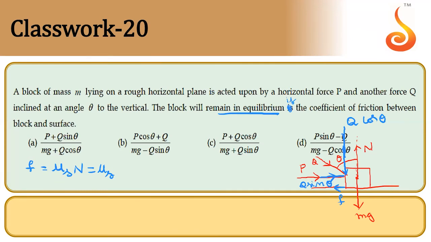N should balance this Q cos theta plus mg. So it should be mg plus Q cos theta, right? So this should be the frictional force. This frictional force should balance the applied force. So applied force F is what? P plus Q sin theta, right?